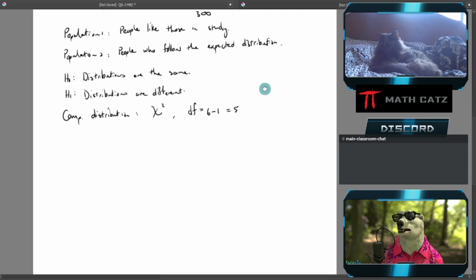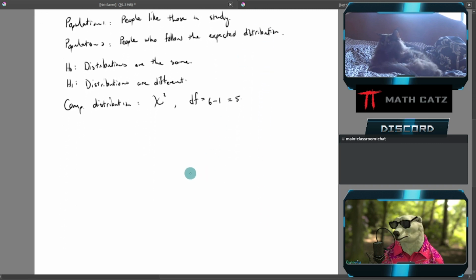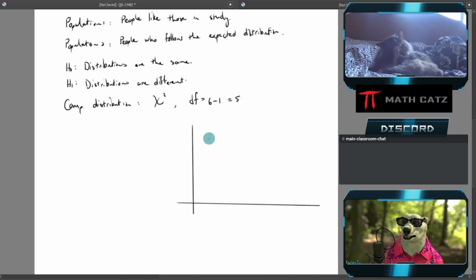And what we usually do is visualize this. We have our chi-squared distribution. Let's put it on the side here. That looks like so. And we're going to have a cutoff that we are okay with.